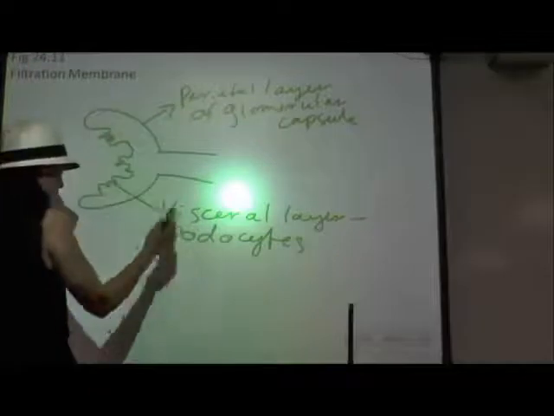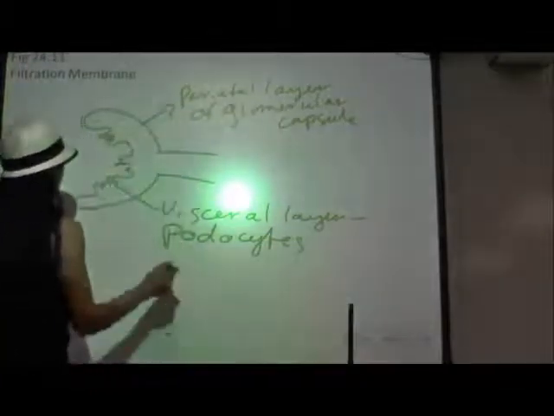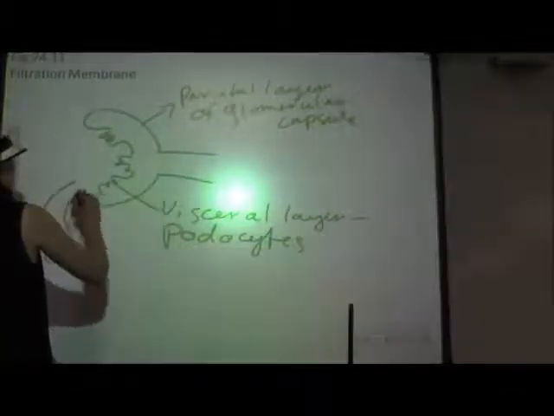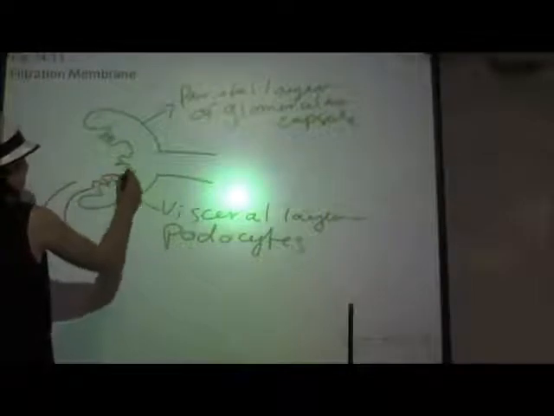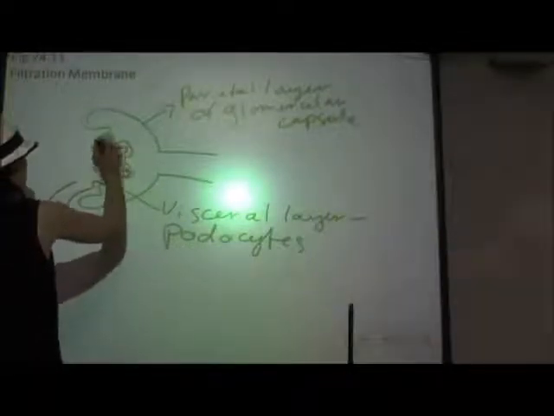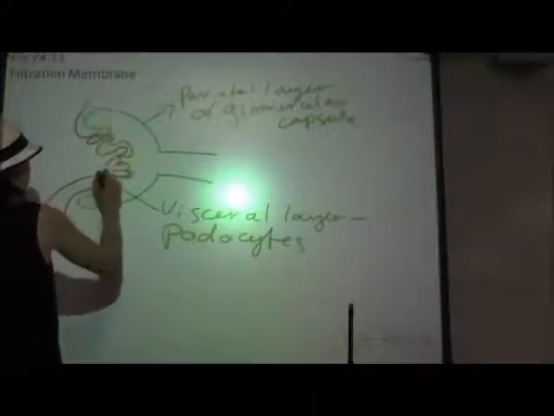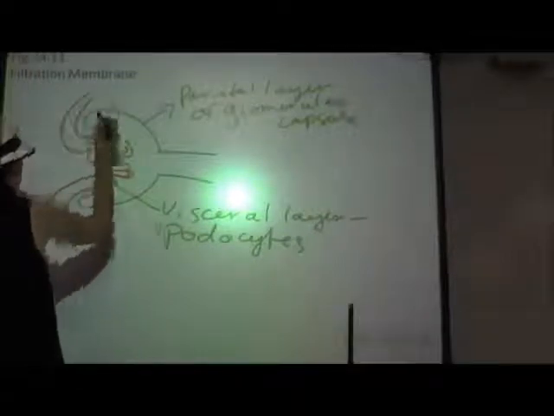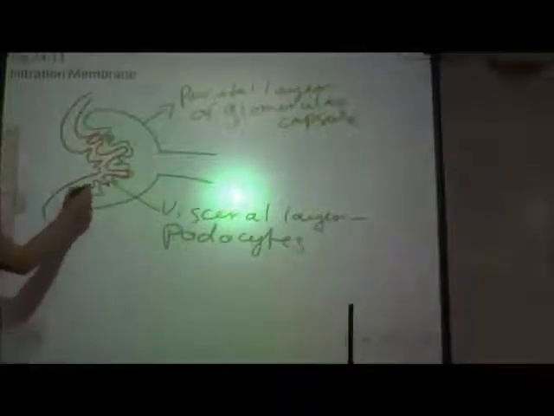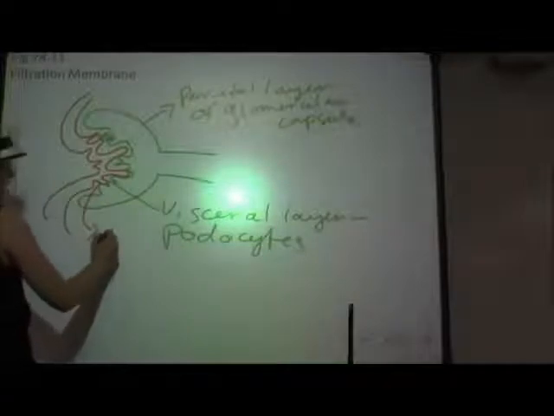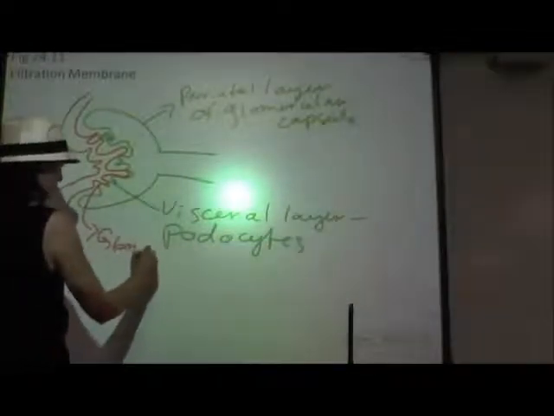This picture is not really doing it justice, but our afferent arteriole, remember, is coming in, and then we have this tuft of capillaries passing through called the glomerulus. These would be our glomerular capillaries, and they're fenestrated.